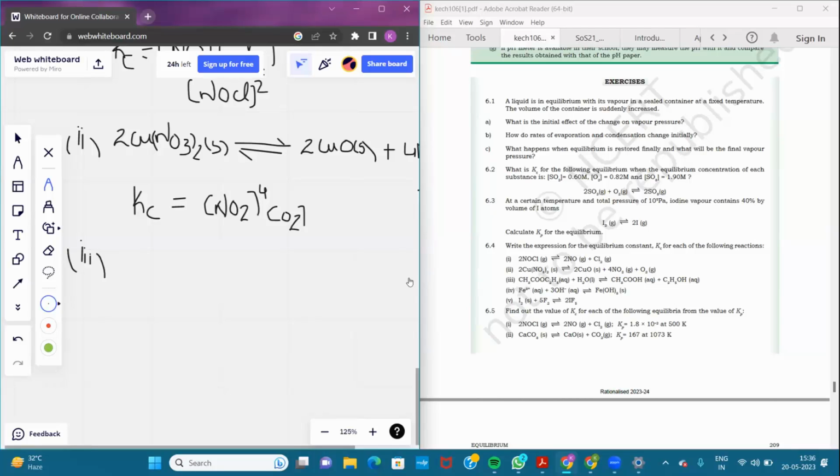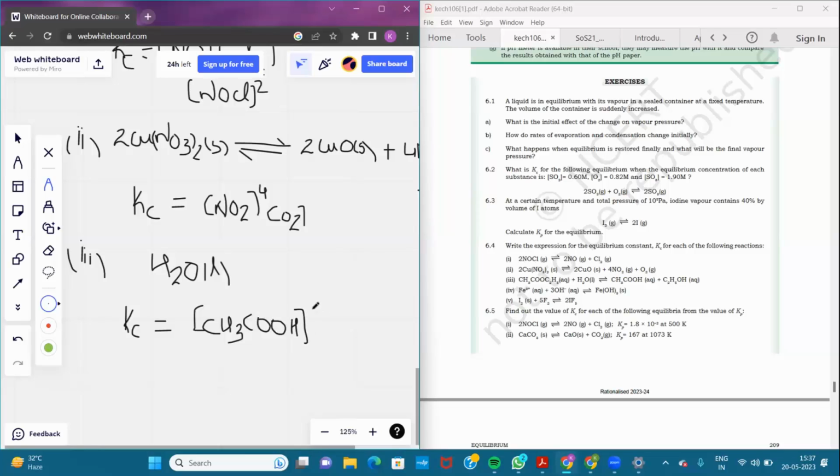Here H2O is liquid. This is a pure liquid, so we will not include this in the equilibrium expression. We'll exclude this part. Apart from H2O, the others are not pure, they are mixed with water. So we'll write directly the product of concentration of products.